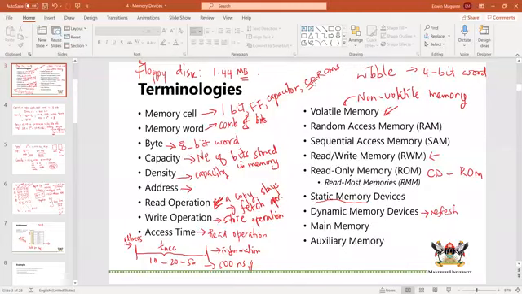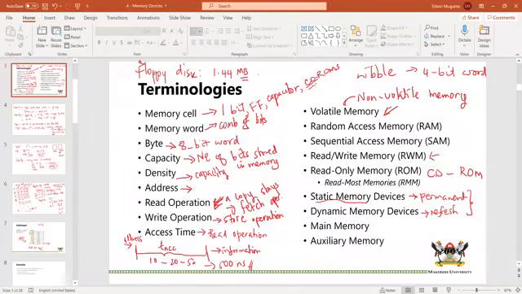So every time after like 1 millisecond, we refresh the information so that we can start afresh. With static, the information is permanent as long as there is power. So both of these need power, but with static, the information will stay, whereas with dynamic, the information will usually disappear unless you keep refreshing it, even with power there.